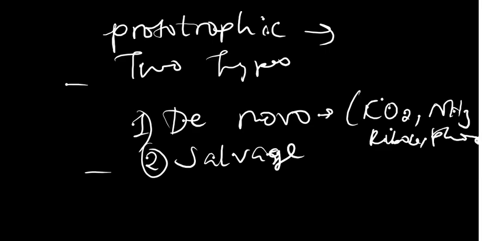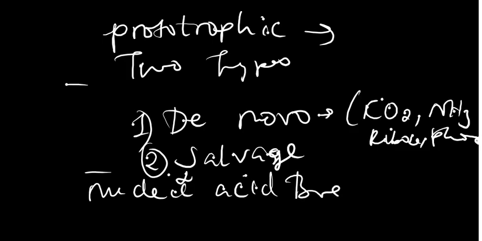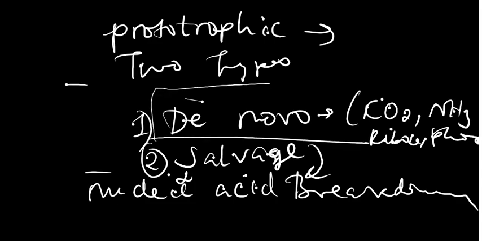But the salvage pathway is simply a pathway that recycles those free bases and nucleotides that are released when nucleic acids are broken down. Whenever there's a breakdown of nucleic acid, the salvage pathway uses the very same materials to make these pyrimidines. However, the de novo synthesis starts from scratch because it's using the raw materials.